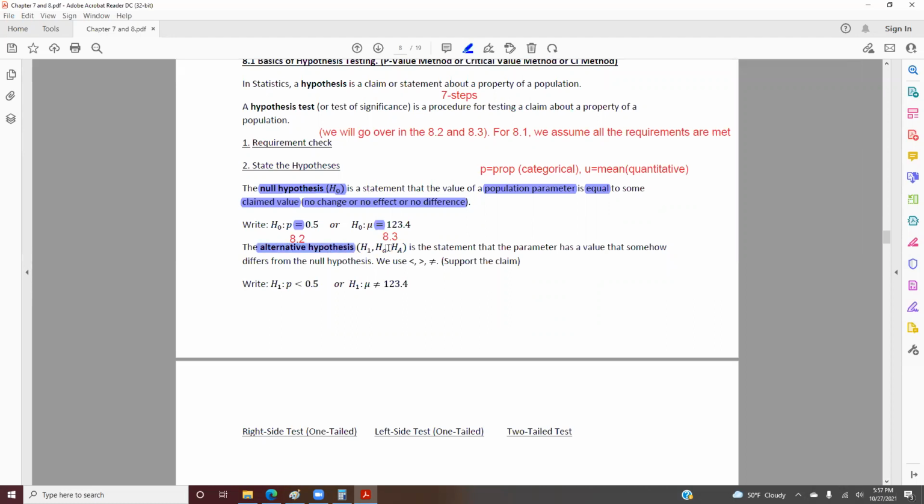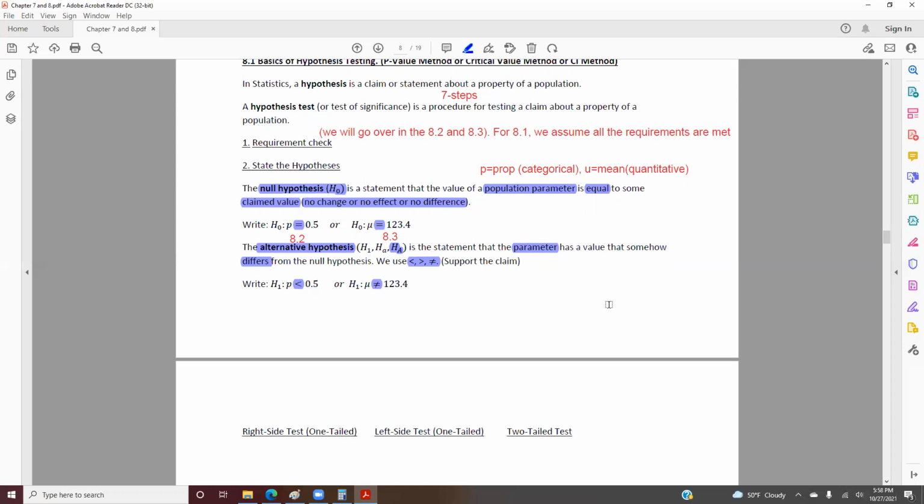The alternative hypothesis has 3 types. Your textbook uses HA, so I'm going to use HA. It is where the parameter is somewhat different from the null hypothesis. We use the symbol less than, greater than, or not equal to. It's all stated in the question.